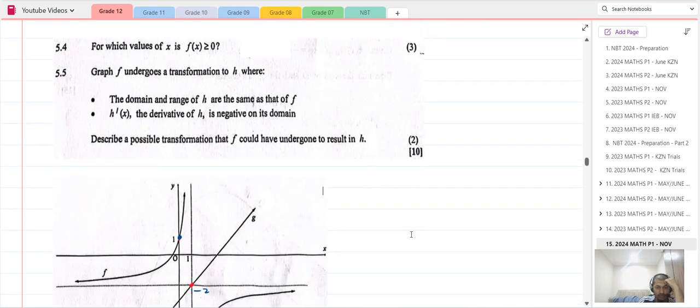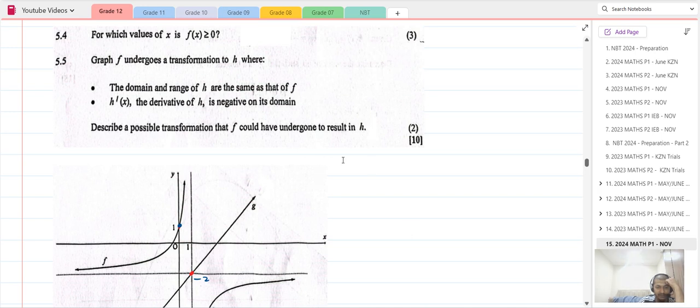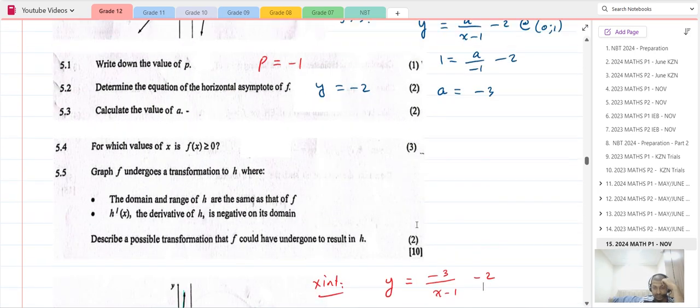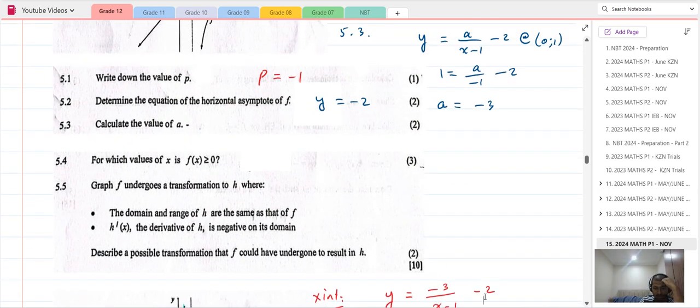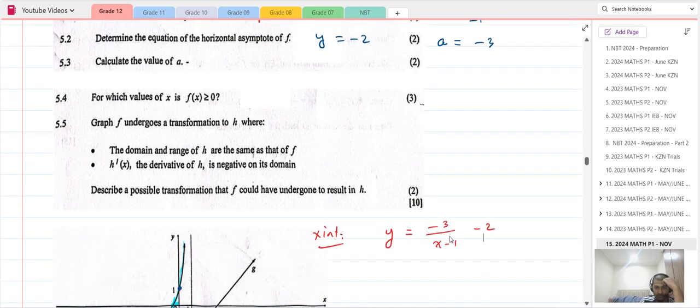In other words, when is the graph of f above the x-axis? The graph is positive here, so we need to find the x-intercept. Nice question regarding the x-intercept. So we got y is equal to negative 3 over x minus 1 minus 2. That's the equation. The vertical asymptote is 1, the horizontal asymptote is negative 2, the value of a is negative 3.